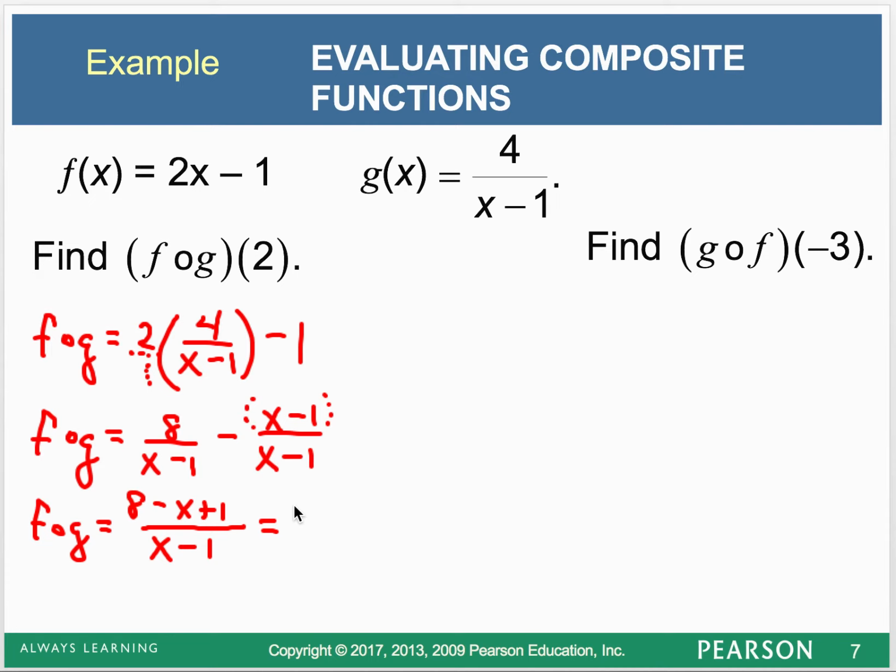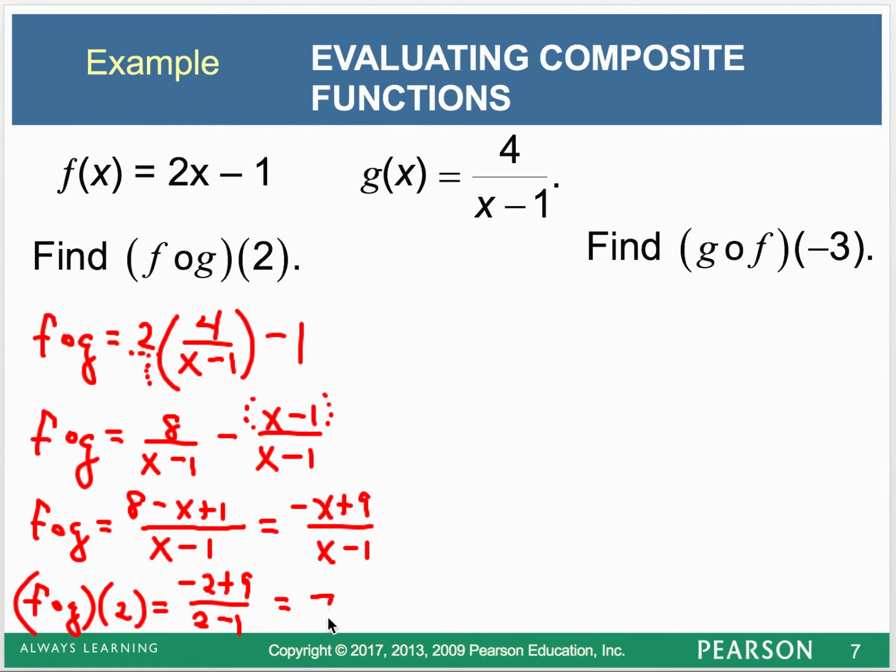Which is then minus x plus 9 over x minus 1. So if it asks me to find f of g of x, there it is. But I want f of g of 2, so I just plug in a 2 everywhere there's an x. Negative 2 plus 9 over 2 minus 1. So that's 9 minus 2, which is 7 over 1.